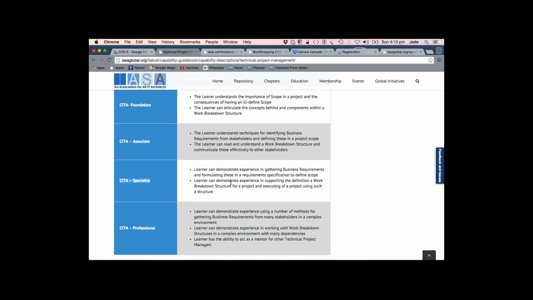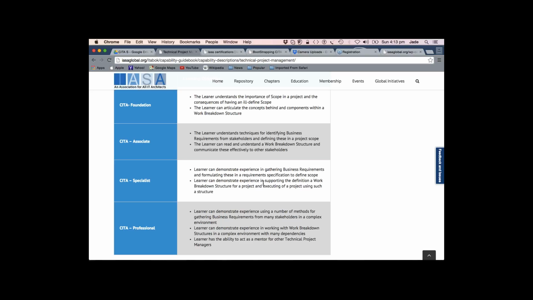You demonstrate an experience in supporting the definition of a work breakdown structure for a project. For example, take a situation where you are implementing CRM. There is a requirement based on the business. Then there is a response to the client, which is answered by multiple vendors.